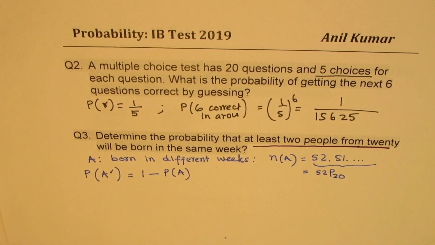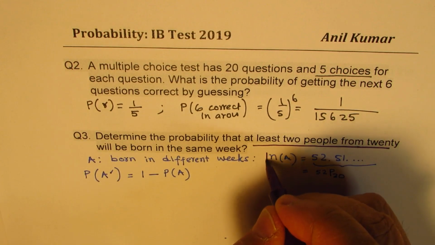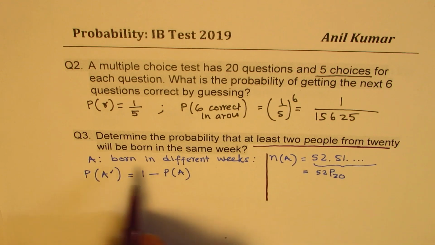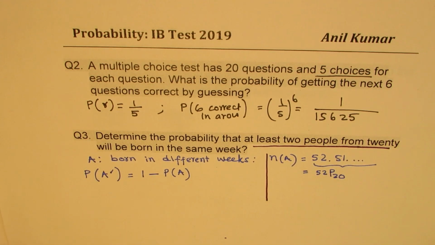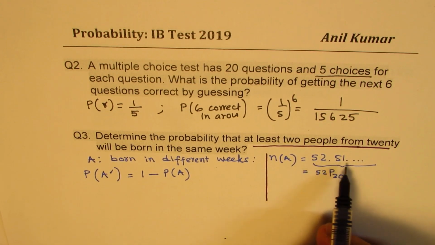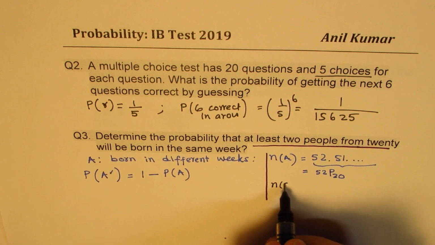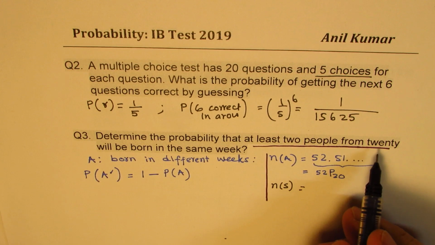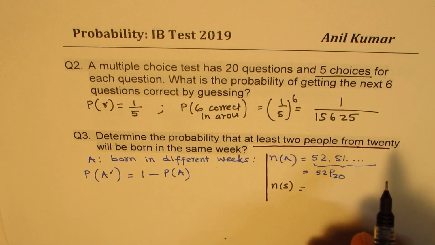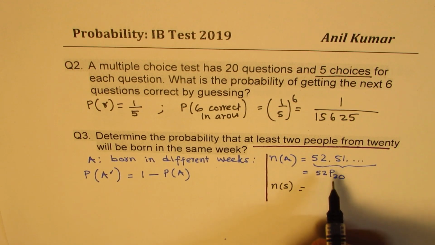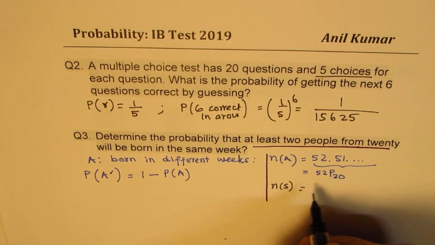Correct? Now what are the total number of cases? So that is for A, the probability that they will all be born in a different week. The total number in our sample space is that these 20 students all have a choice of 52 weeks, right? So 52, 52, 52, 20 times.